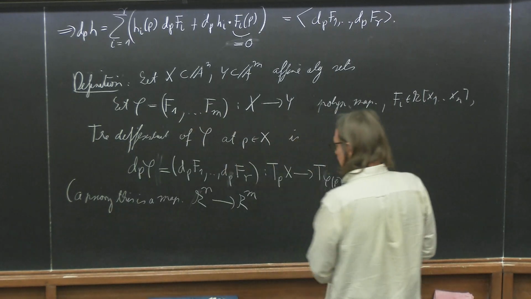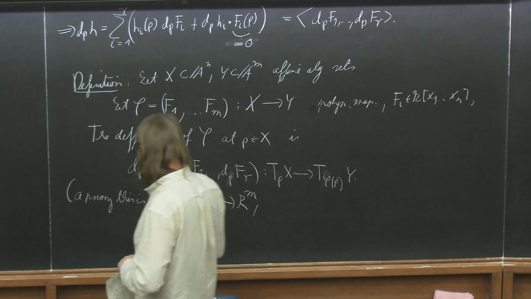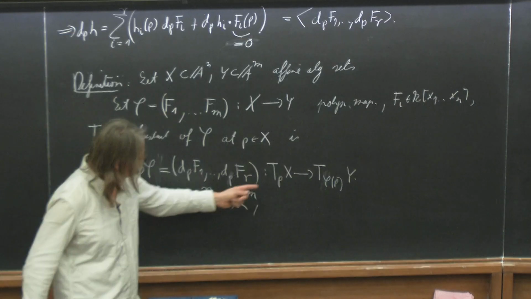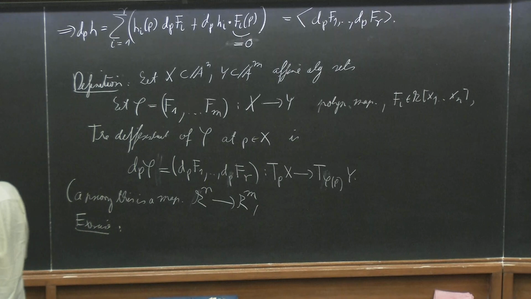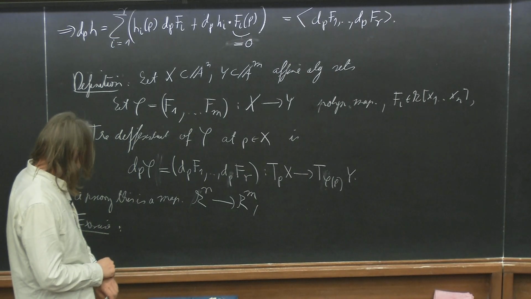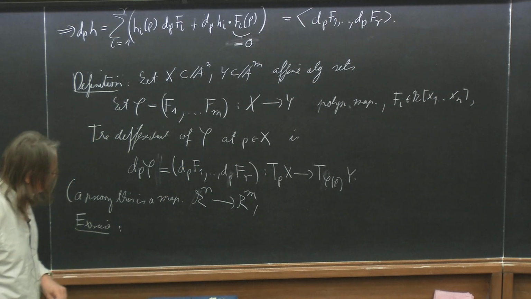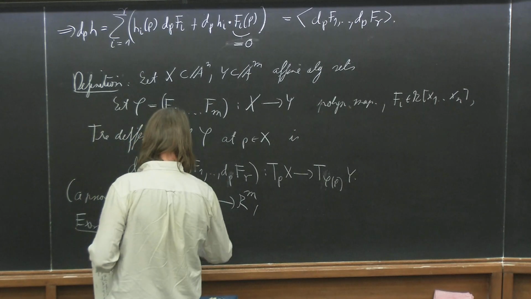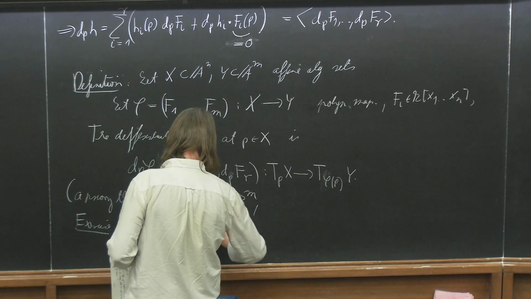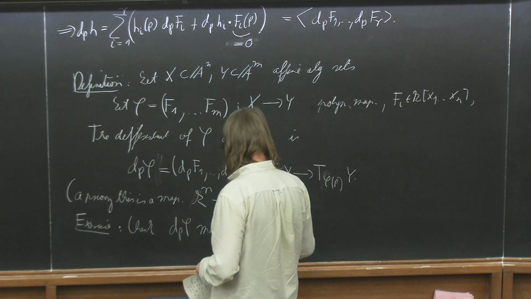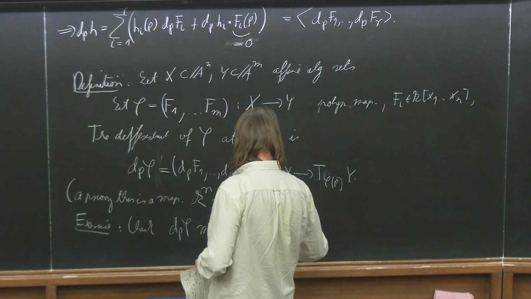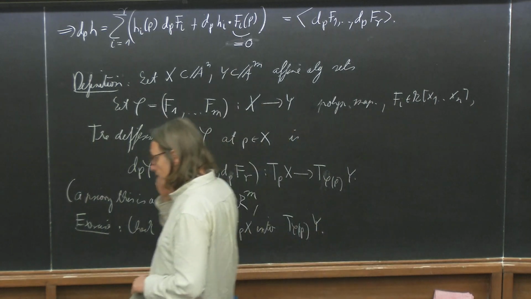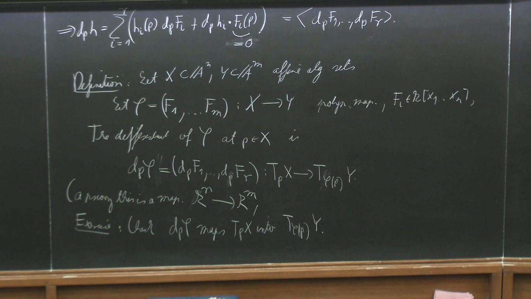But the claim is, you can check as an exercise, if I restrict it to this tangent space, which is a subspace of this K^N, then it maps into the tangent space at phi of P. We'll check that d_P phi maps T_P X into T_phi(P) Y.